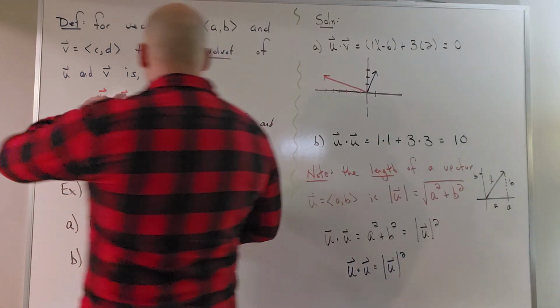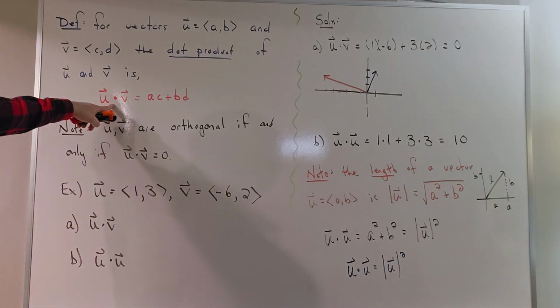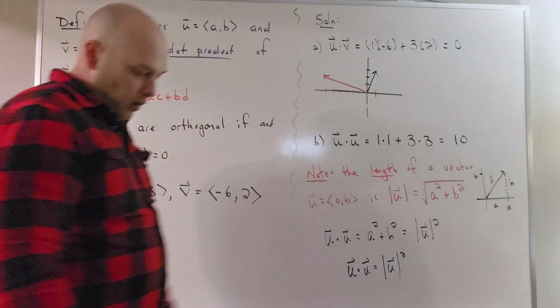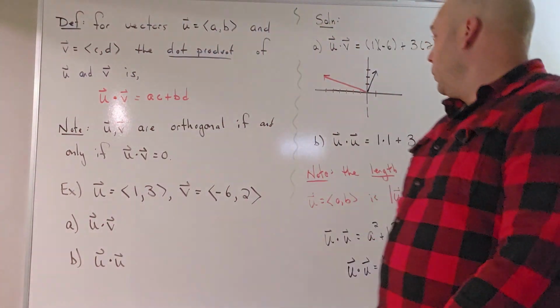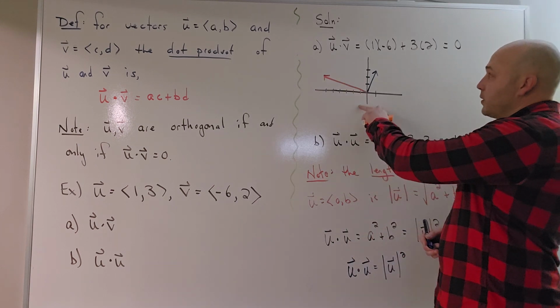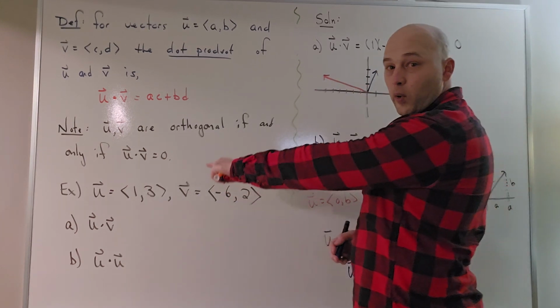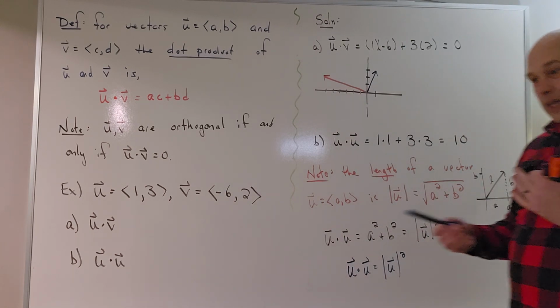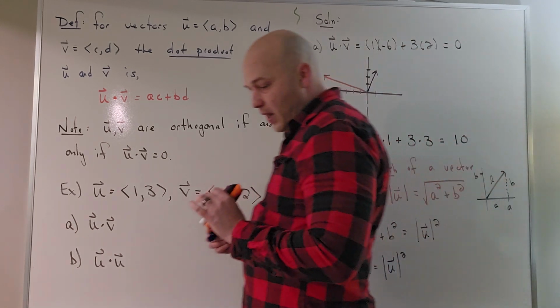As I mentioned, this is a useful tool to determine if two vectors are perpendicular, or in other words, in an arbitrary vector space, if they are orthogonal. Well, what happens if I have vectors with 3 components, or 4 components, or 5 components? With 3 components, sometimes we can get a reasonable visualization of that.